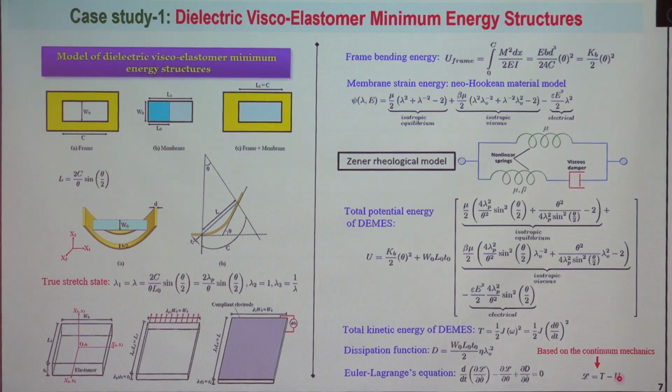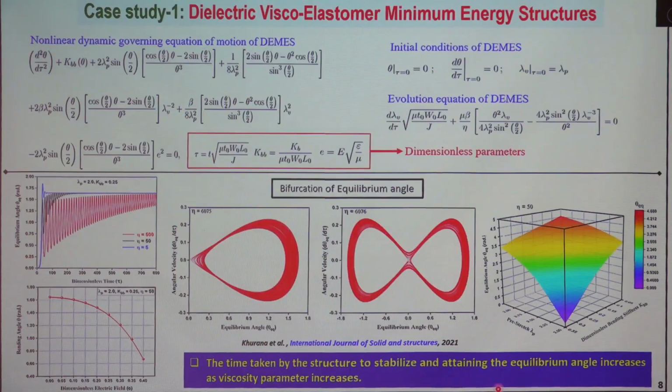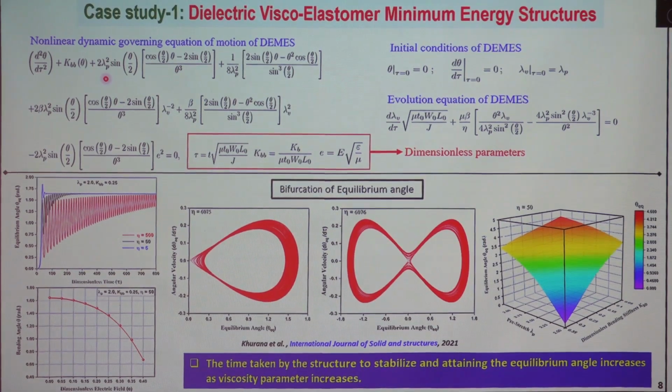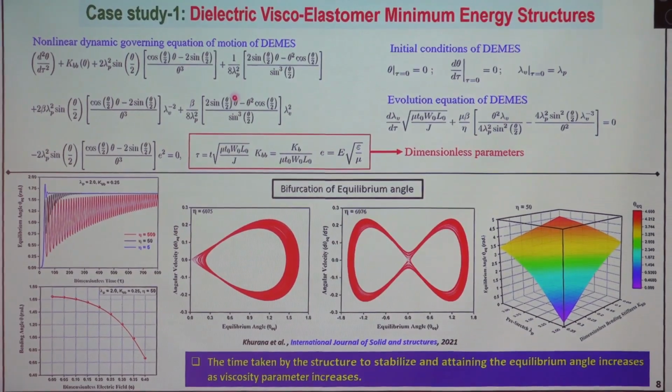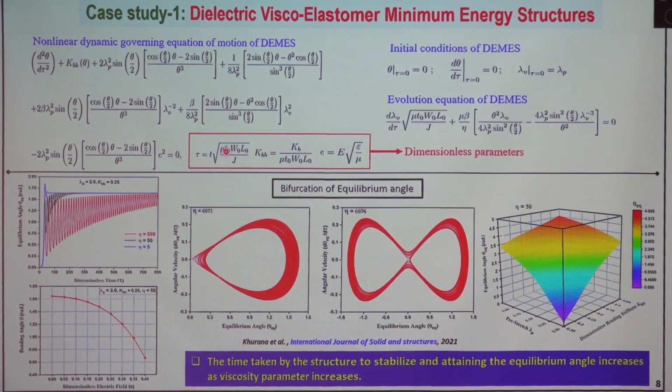When we have the expression of L, that is T minus U, and you put all the expression in the Euler-Lagrange equation of motion, you will get a non-linear dynamic governing equation of motion that is entirely in terms of theta. It is a function of theta, it is a function of the pre-stretch lambda, and you can see the other factor is theta. Here we have considered a lot of normalized parameters.